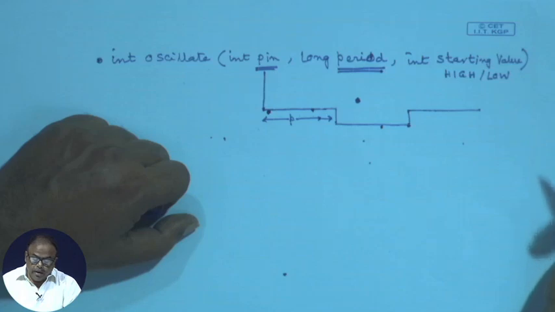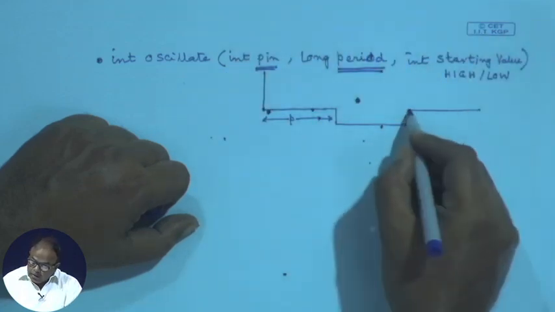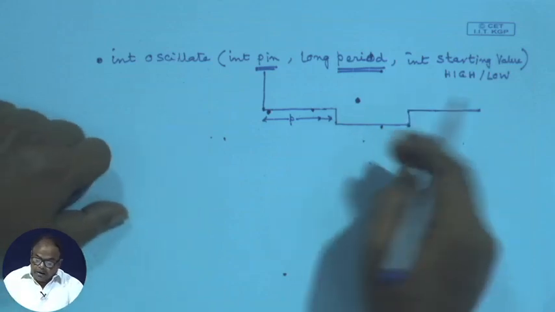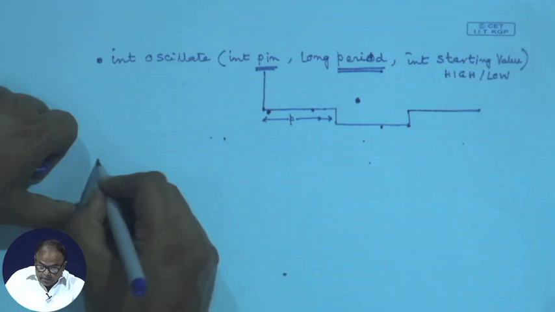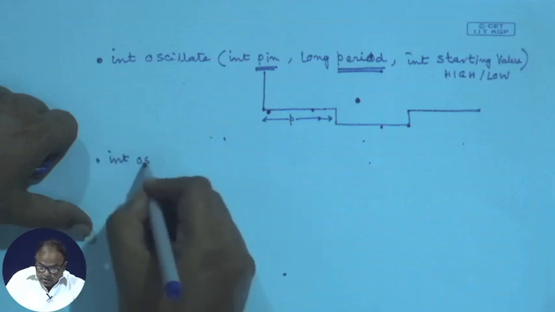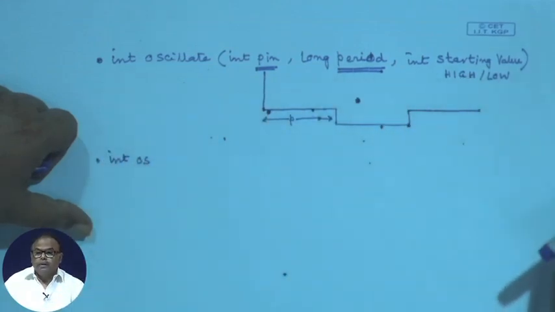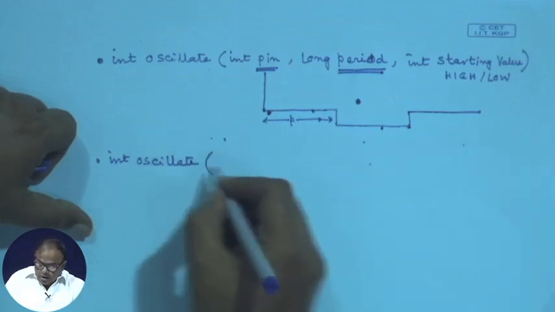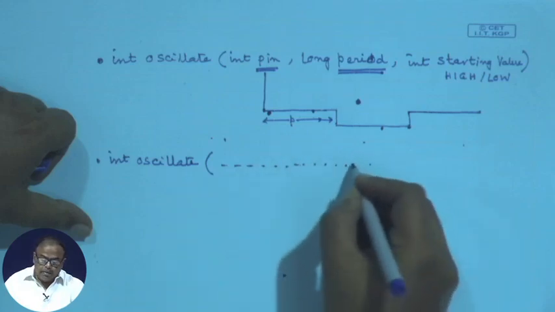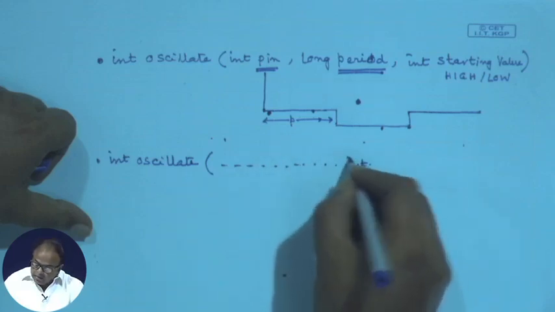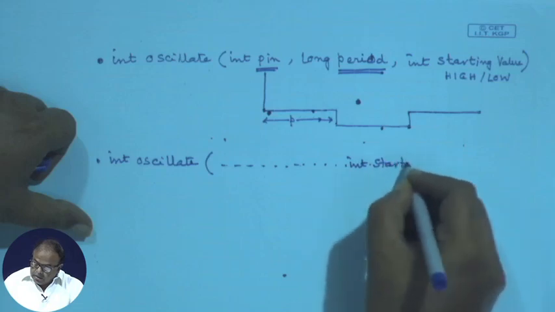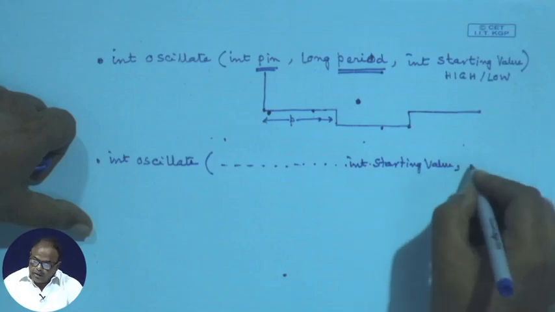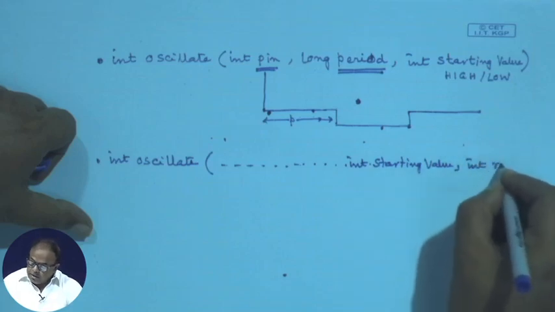This is used for oscillation. Now, I can also add the same thing, int. This means it will go on forever. So, I can control that by saying int oscillate with all the other parameters, like int starting value, followed by another integer, that is the repeat count.